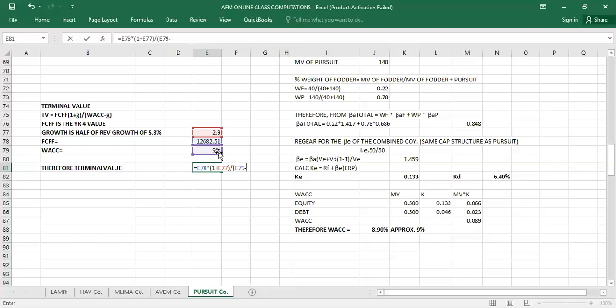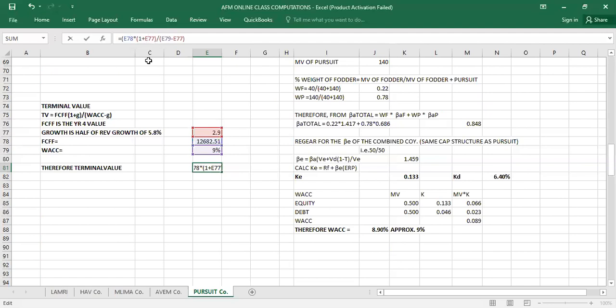Minus growth. So I hope I get the same thing as you. Well, I've written rubbish. What have I done wrong?